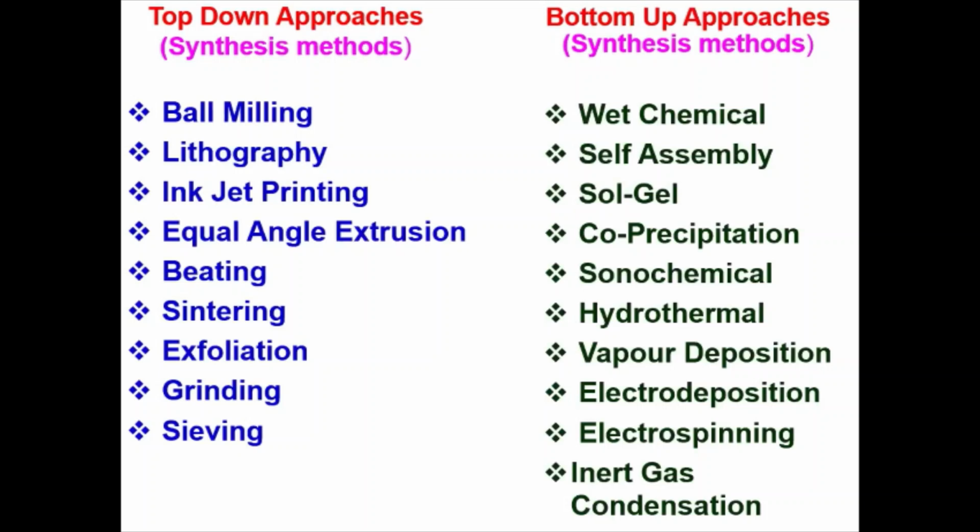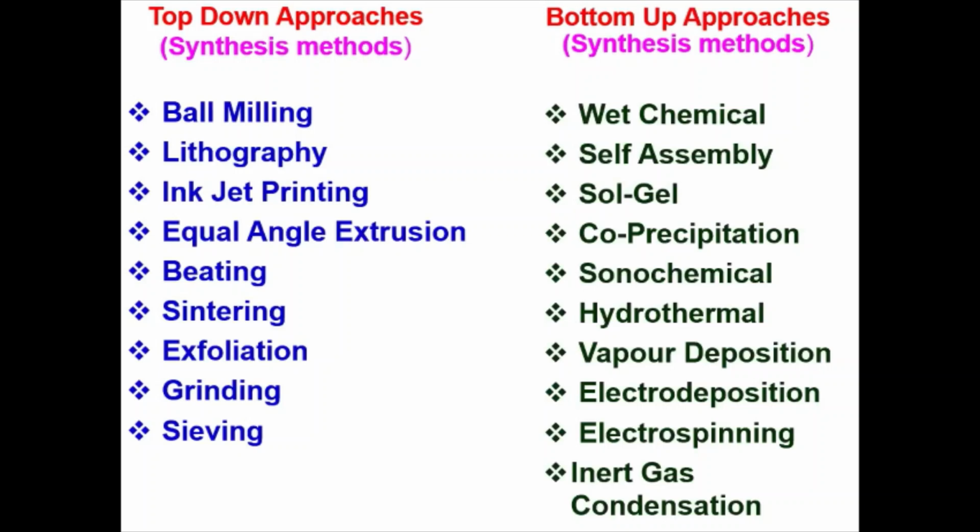Except for ball milling, lithography, and inkjet printing, all the other methods are only for namesake, though they were initially tried to prepare nanomaterials. The predominant methods now used in the top-down approaches are only ball milling, mainly lithography, and then inkjet printing, usually called 2D or 3D printing using inkjets.